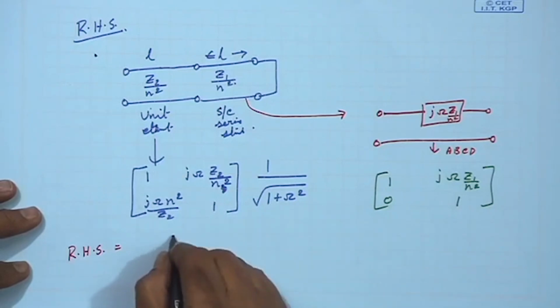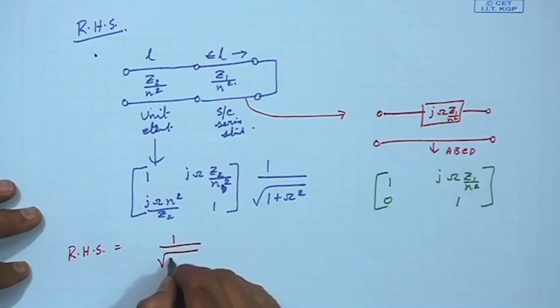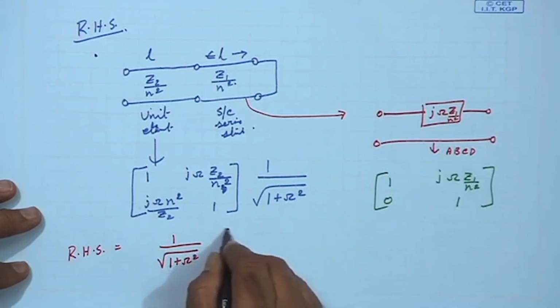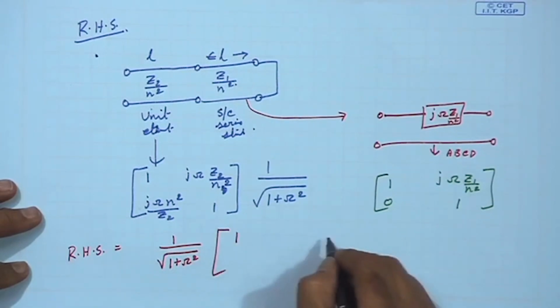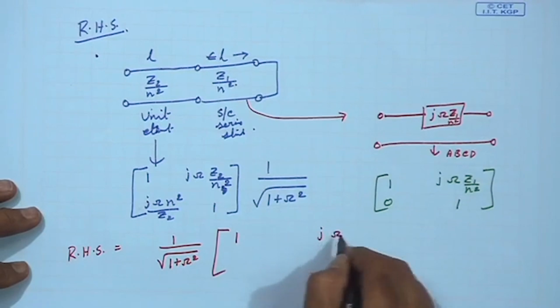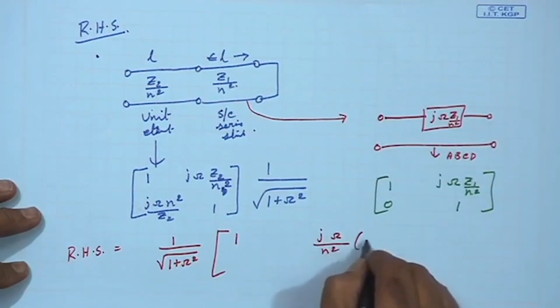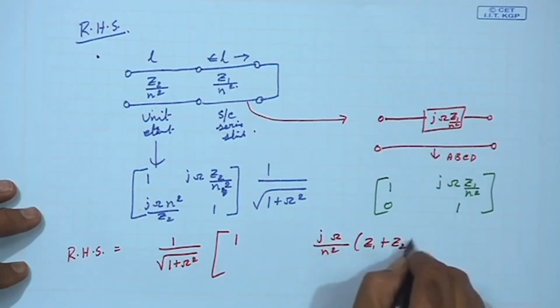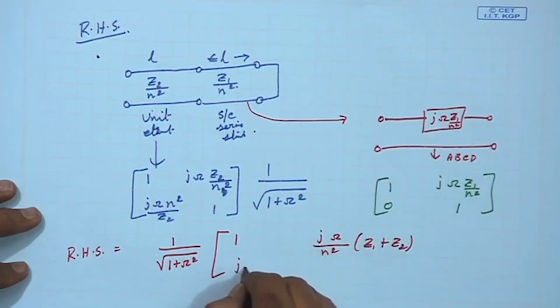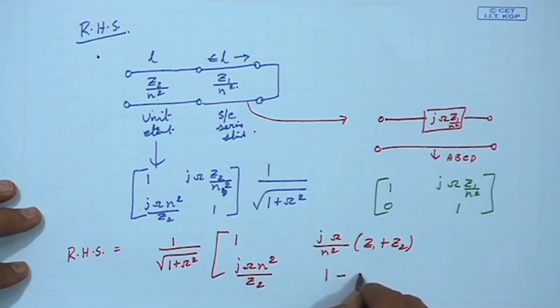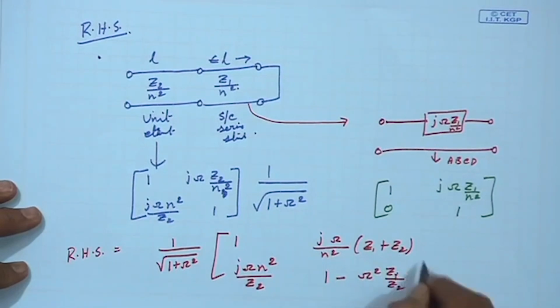If you do that, you get 1 by root over 1 plus omega square, then 1, j omega by n square Z1 plus Z2, j omega n square by Z2, 1 minus omega square Z1 by Z2.